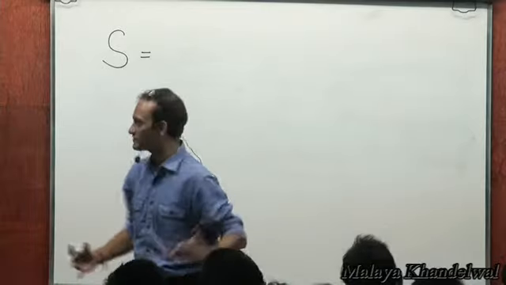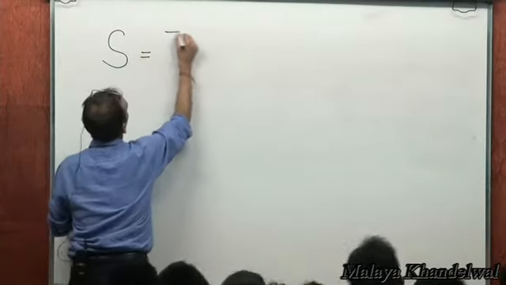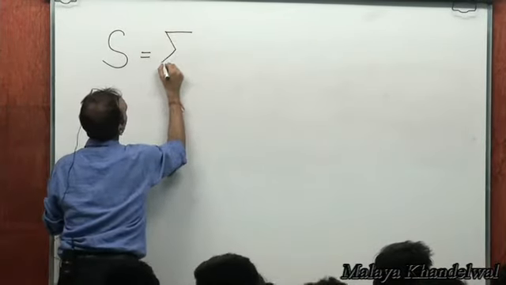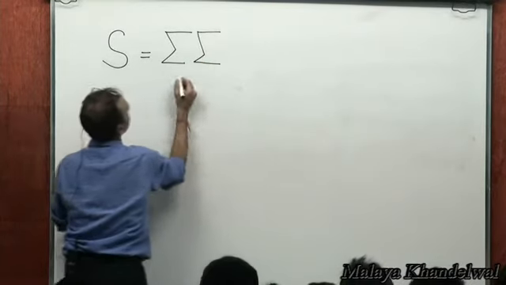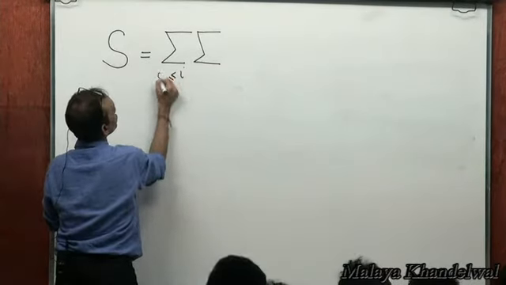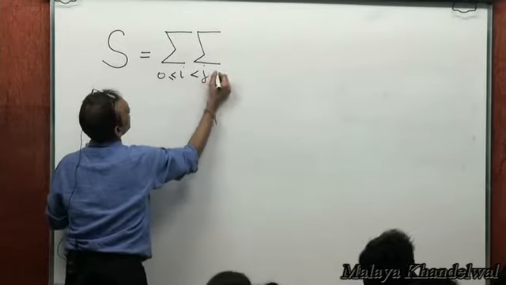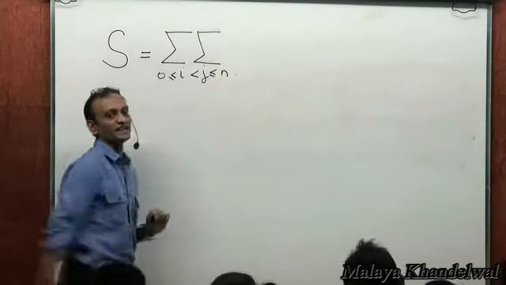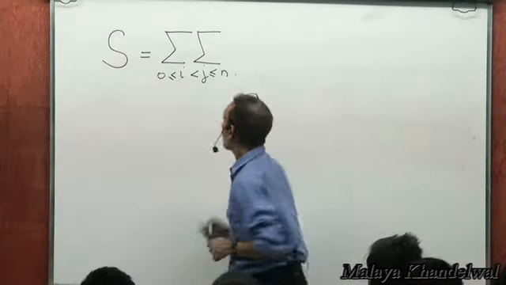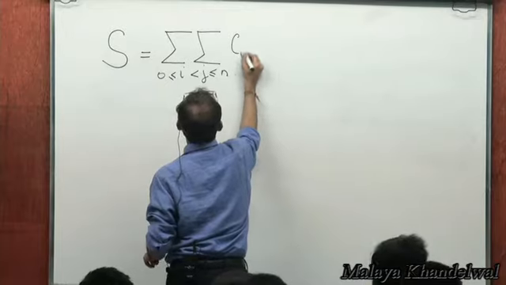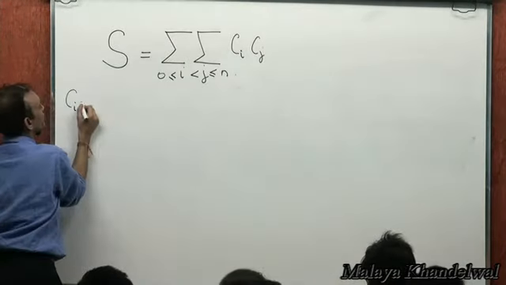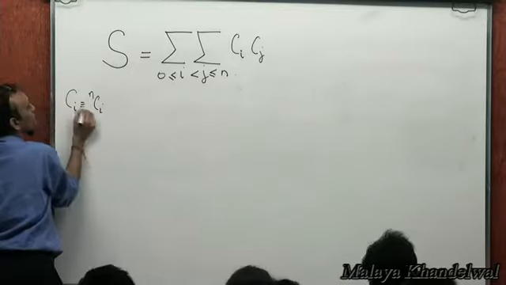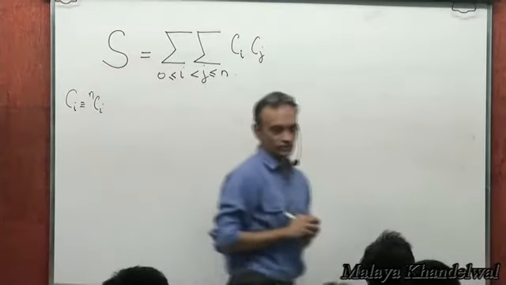I want to find the double summation S, with i greater than or equal to 0, less than j, less than or equal to n, of Ci Cj, where Ci really means nCi, the binomial coefficient.